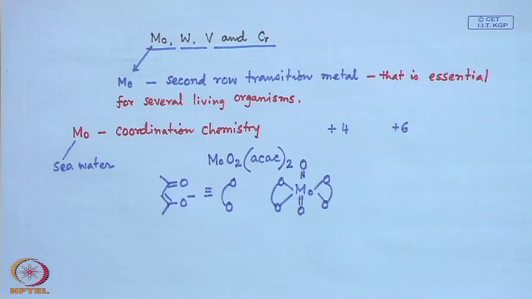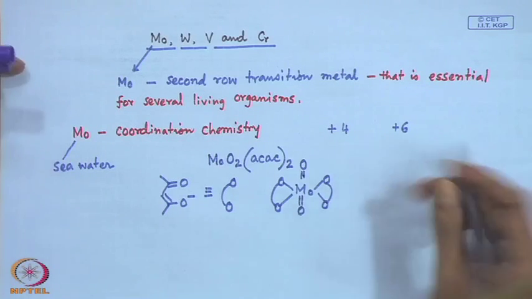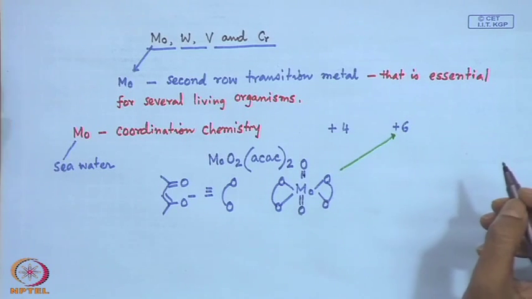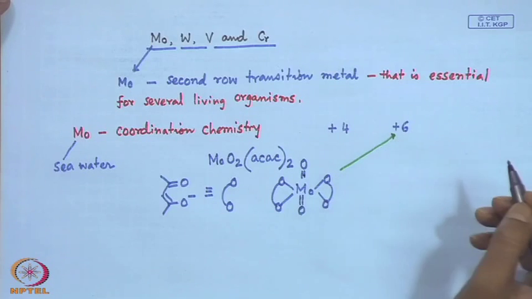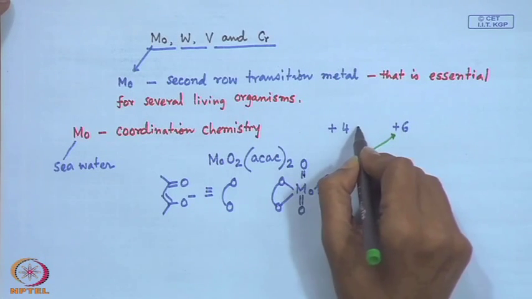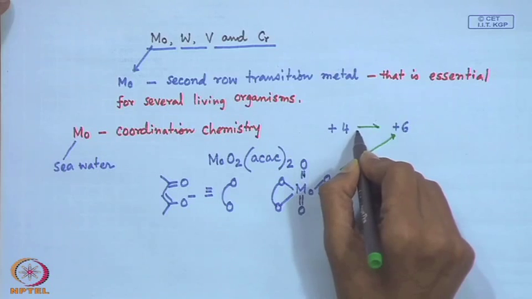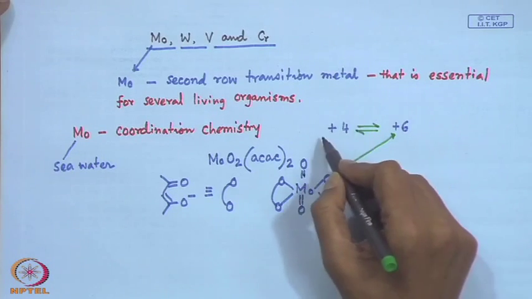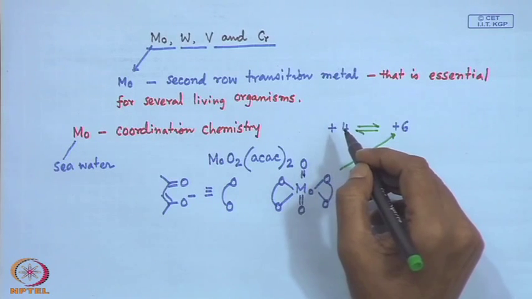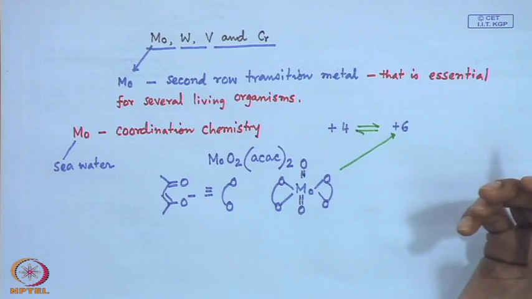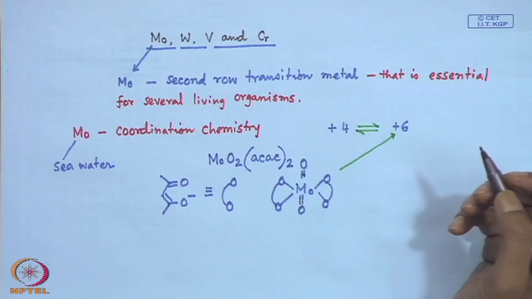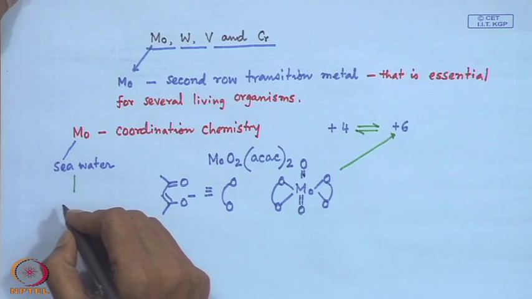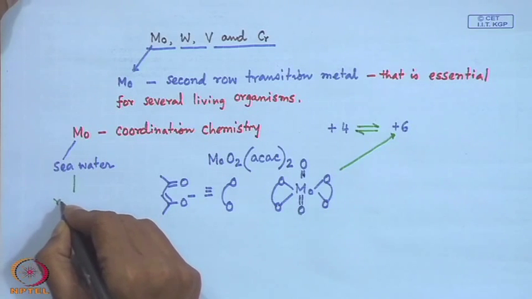So, this molybdenum dioxo compound immediately tells us that it can be stabilized in +6 oxidation state. If we can go for a 2 electron transfer from that compound, we will stabilize the corresponding molybdenum compound present in the biological system, because it is abundant in sea water but rare in the earth crust.